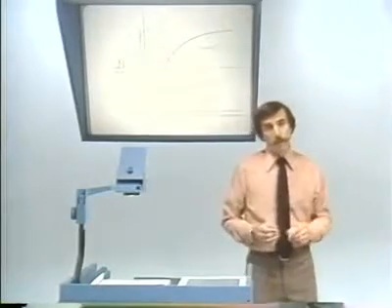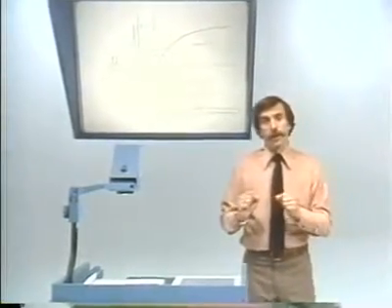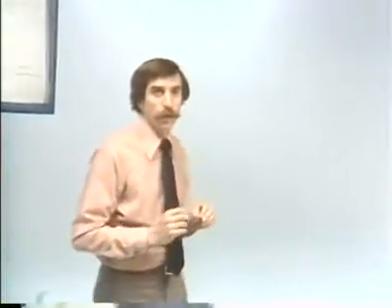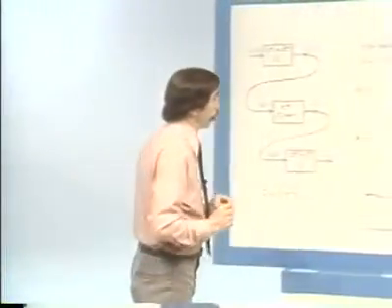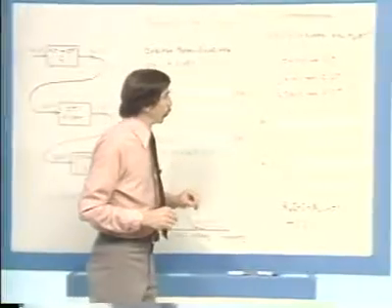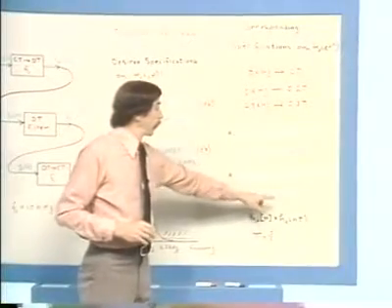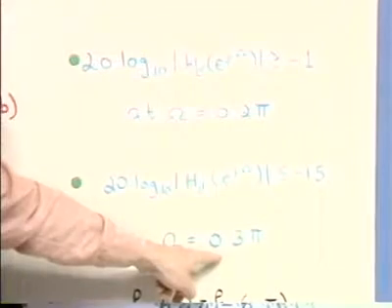All right, now what we want to do is again map a continuous time Butterworth filter to a digital filter in such a way that the digital filter approximately meets the specifications that we had before. And let me just remind you of where we were. The critical frequencies were at 0.2 pi and 0.3 pi.